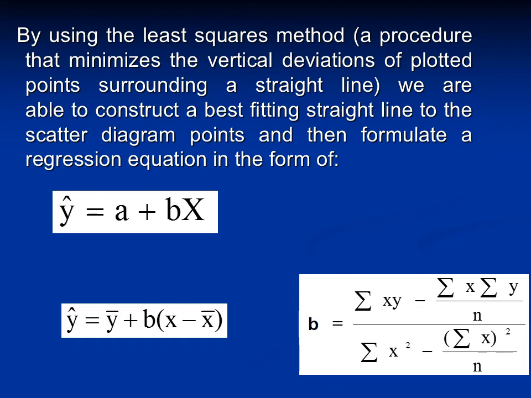Now, when you look at A, how do we get A? A is the intercept, we all know. A is the intercept in our straight line, and B is known as the slope. So how do we get A and how do we get B?